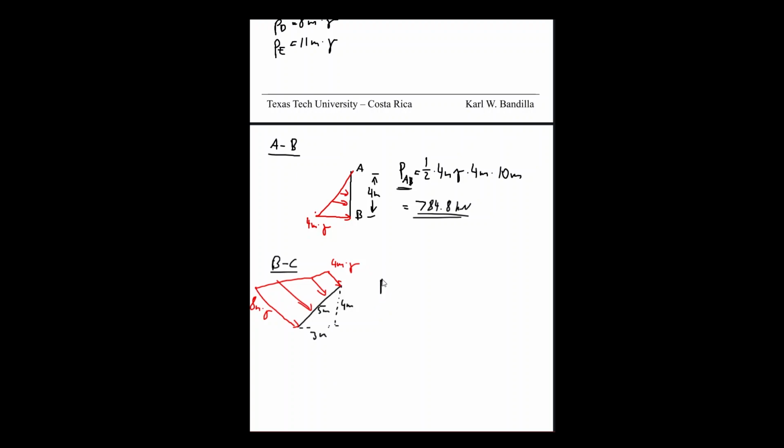So this would be PBC. Now the area of a trapezoid: it'd be 4 meters times gamma plus 8 meters times gamma, divided by 2, times the length, 5 meters, and then the whole thing times 10 meters.